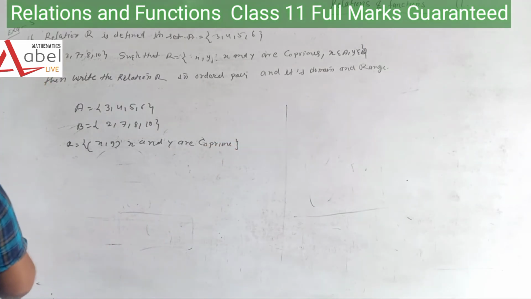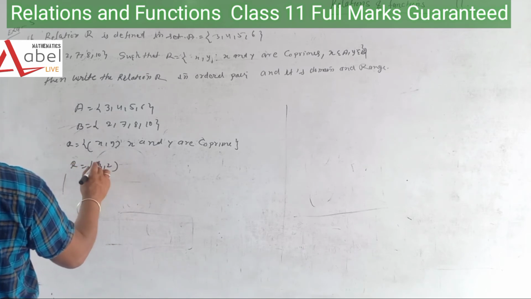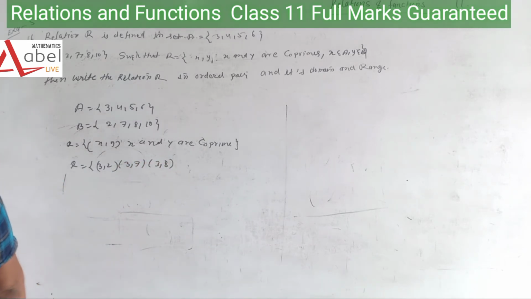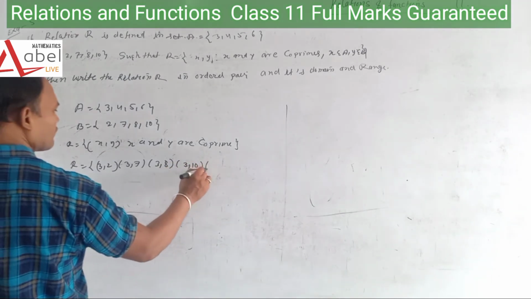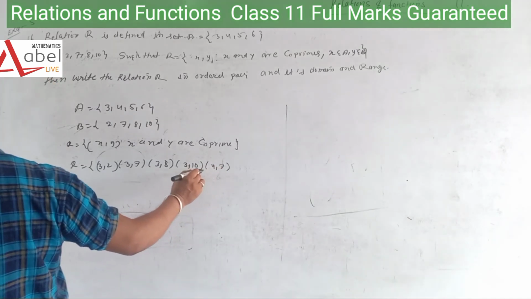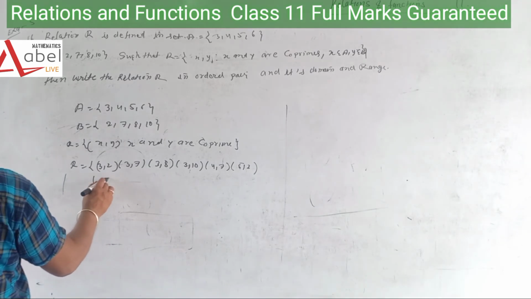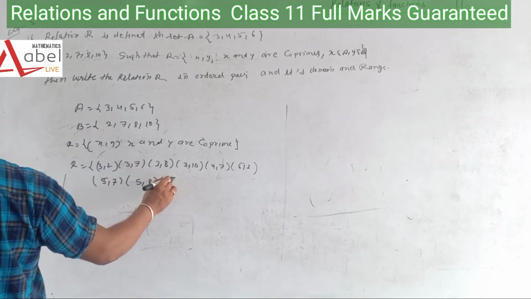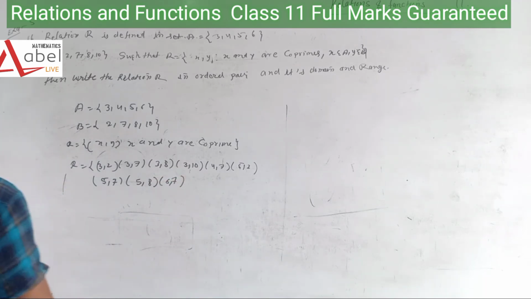So the co-prime pairs are (3, 2), (3, 7), (3, 8), (3, 10), (4, 7), (5, 2), (5, 7), (5, 8), and (6, 7). So these are the co-primes.